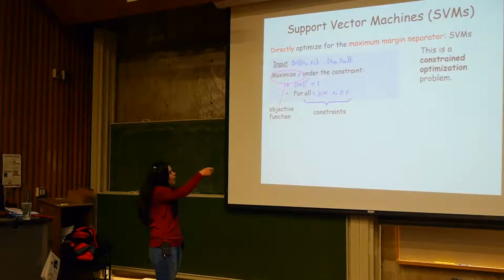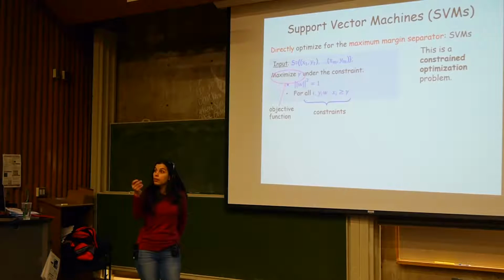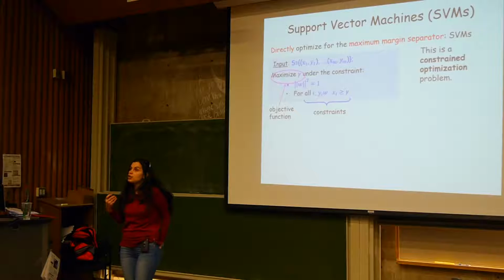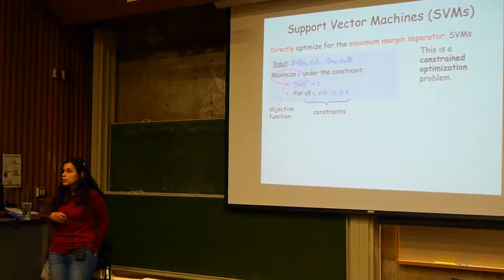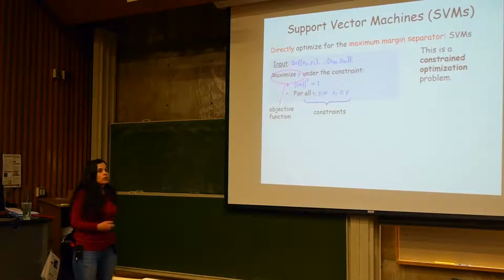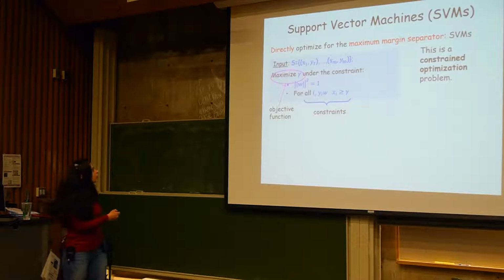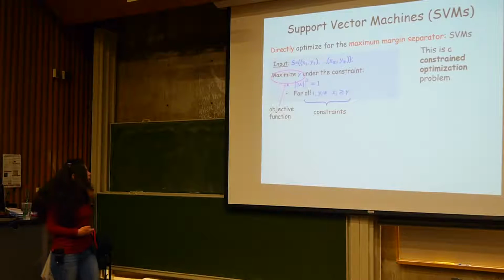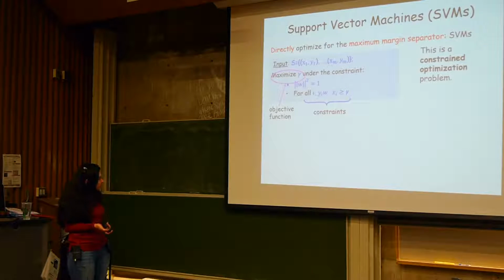I have a constraint that my normal vector has unit length, which then helps me write down the margin under this unit length assumption, and I can write down the constraint that each example has margin at least gamma. So I have two types of constraints. One of them is that the vector has unit length, and the other one is that all the points are classified by margin at least gamma. Okay? Right, so it's a constrained optimization problem.